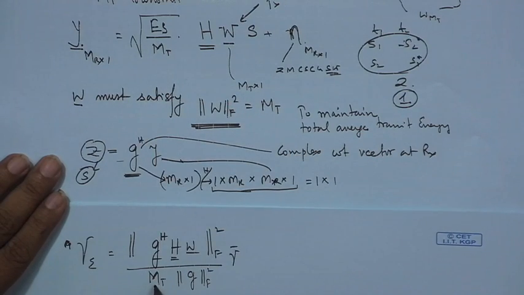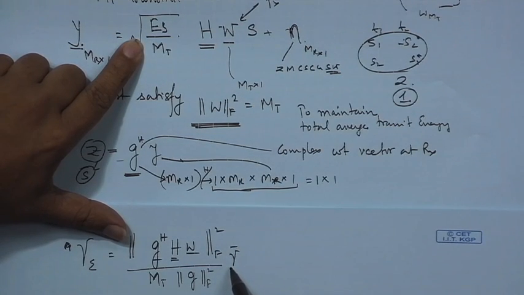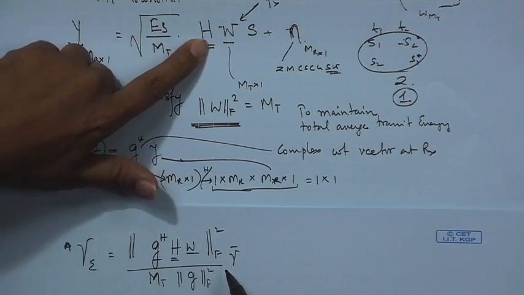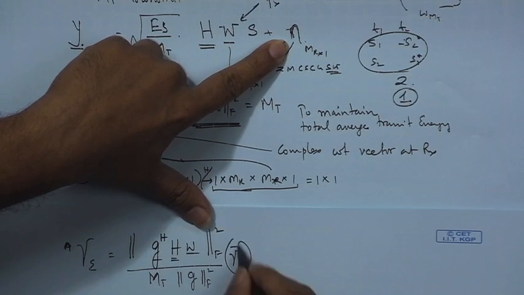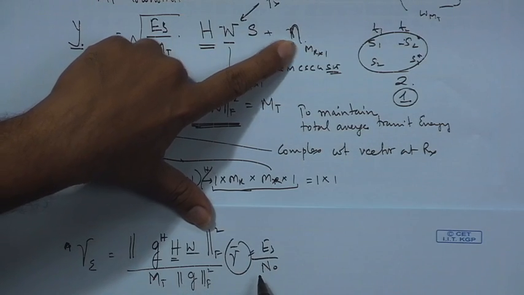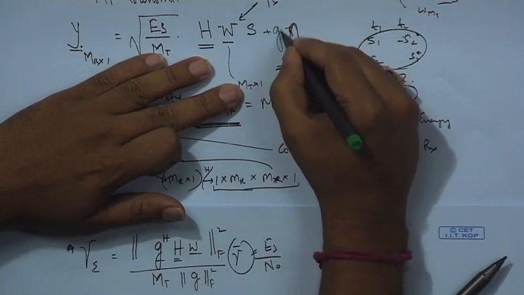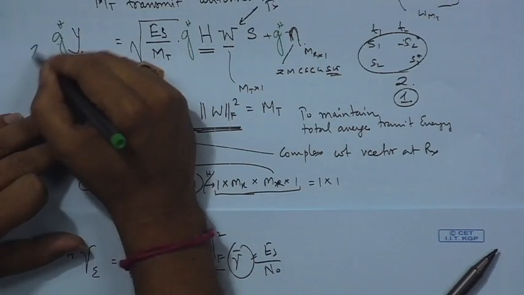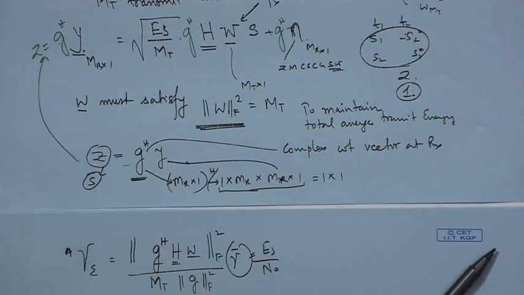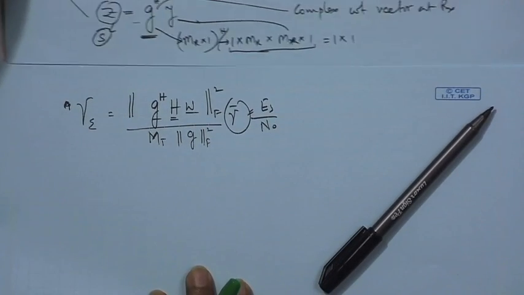So MT is already here, and Es by N naught that you are seeing would be gamma bar, and G Hermitian that gets multiplied here, G Hermitian HW is already the numerator, G Hermitian is there. So I could have written this as Es by N naught times G Hermitian here. I could put it that way, and then it will be easier to capture. So this is what we have.